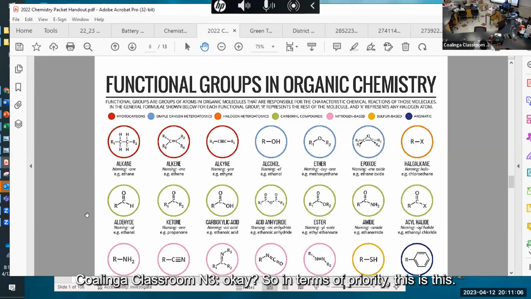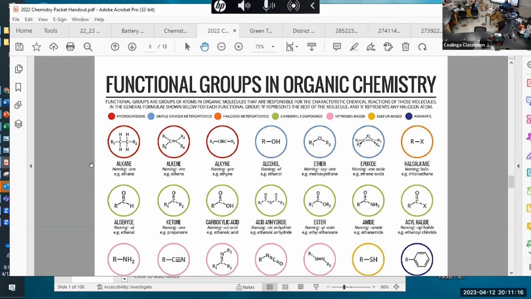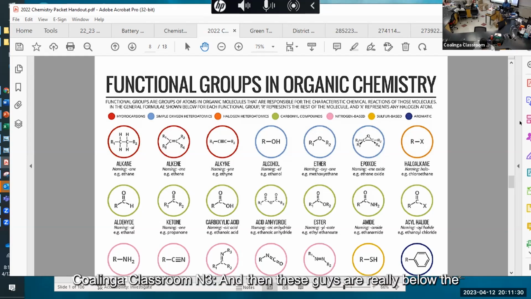Okay, so in terms of priority, this is the priority, except the haloalkanes are actually behind the alkenes. So it would be in this order: you'd have your alkanes, the lowest, your alkenes, your alkynes. These guys are at the same level. And then we have our alcohols, and then we have our ethers. These guys are really below the others.